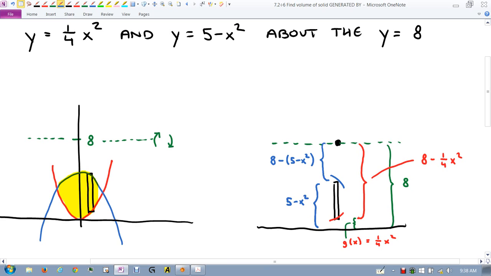Do you see why the geometry of this and the drawing of it is so important? If you can get your head around what's happening here, all it is is just plugging into the formula. It's just your outer and inner radius you have to be sure of. So in recap, this one right here is what I'm going to be calling my outer radius. And then this one over here is my inner radius.